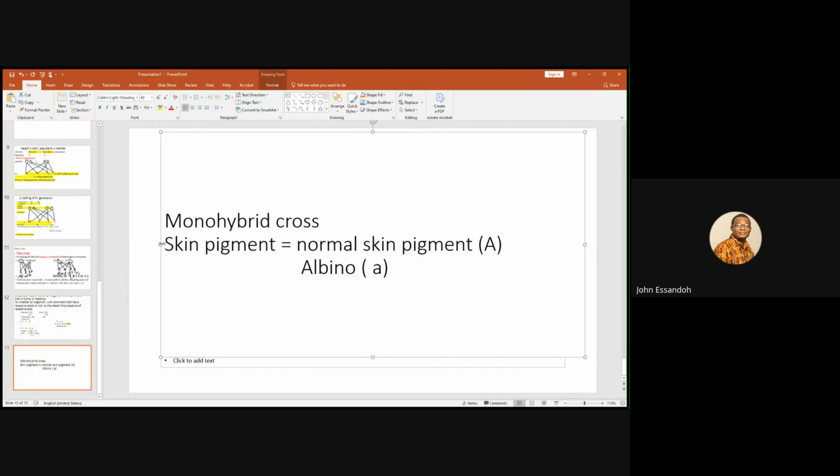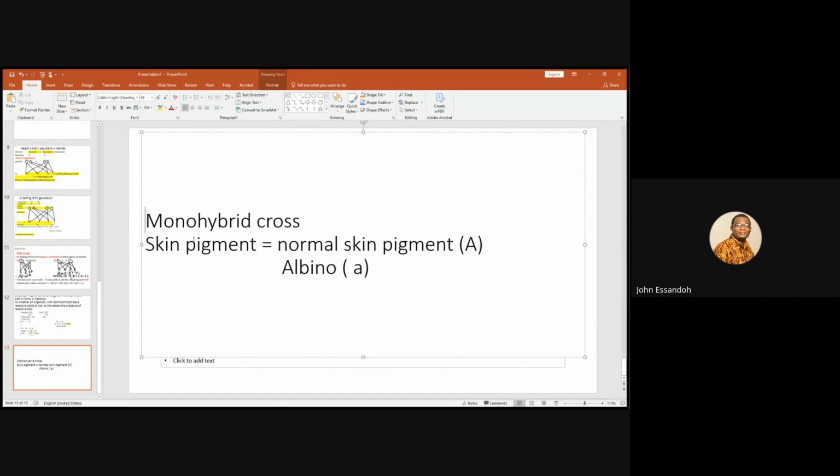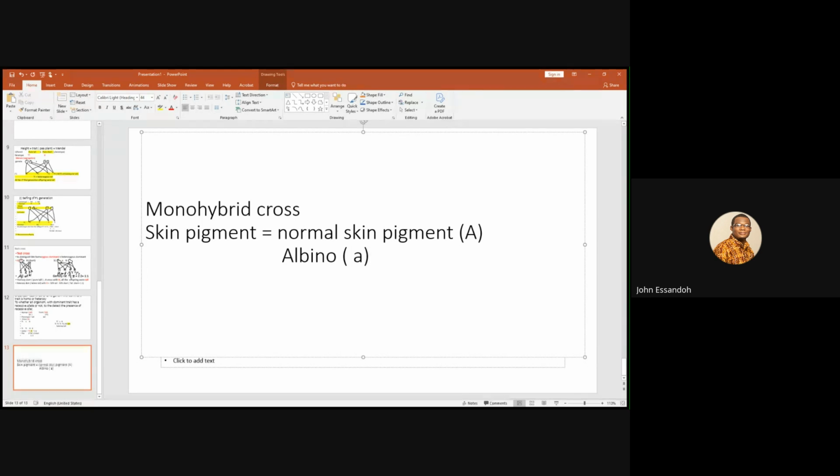Now, if you have an albino carrier, so heterozygous, individuals like that are not albinos.